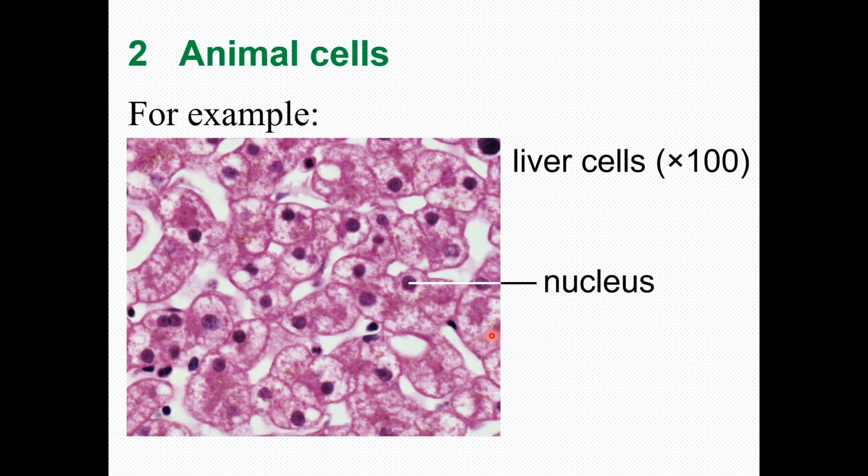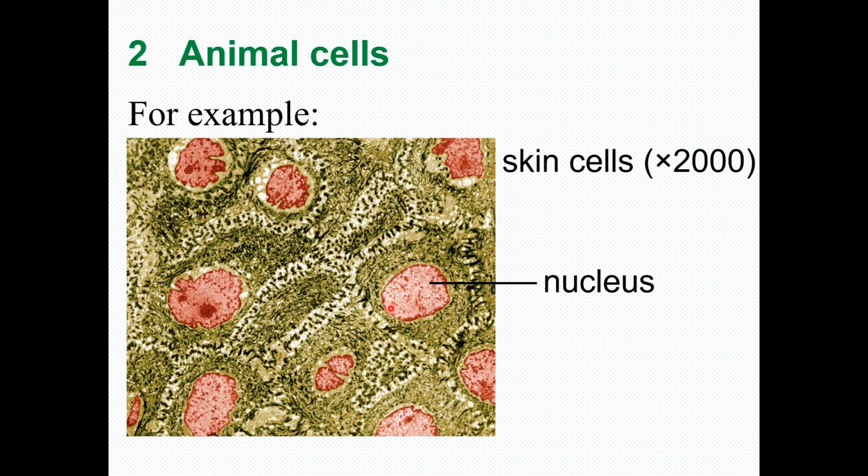And this is your liver cell, nucleus here, the cytoplasm here, and the cell membrane here surrounding the cytoplasm. And this is your skin cell, nucleus here, and this is the cytoplasm, and this is the cell membrane.